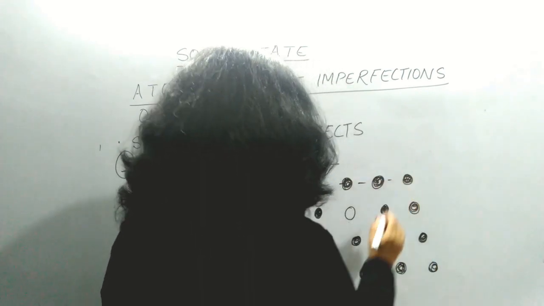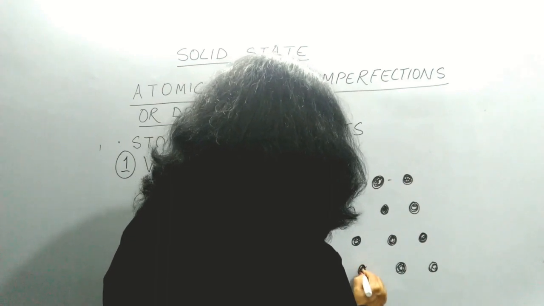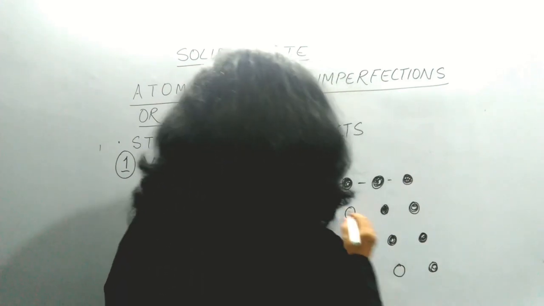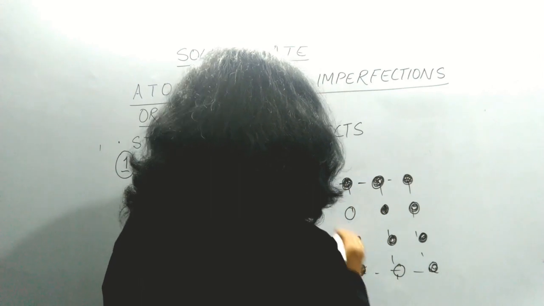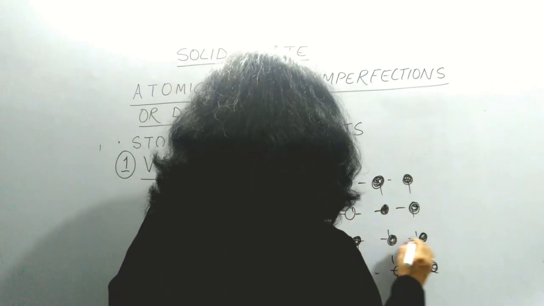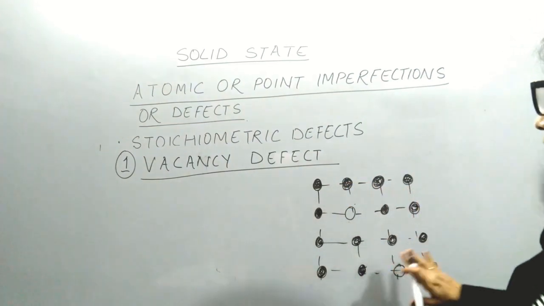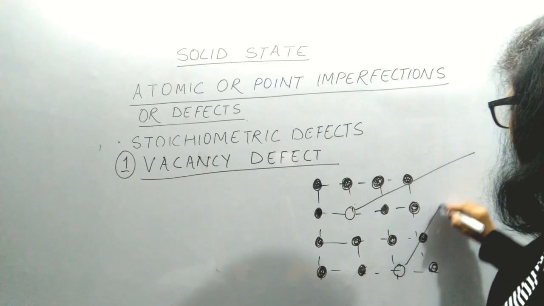So here we can show vacancy. We can see here, this is the lattice. So we can see here one vacancy here, one vacancy here.